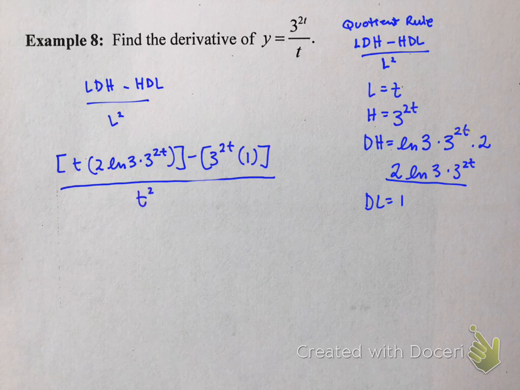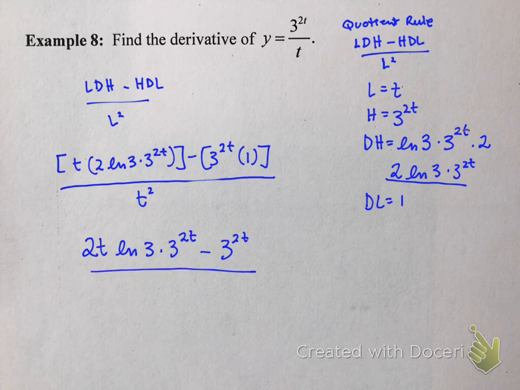Okay, all right, guys. So the only thing I do with this is multiply the t and the 2 together, so we get 2t ln of 3 times 3 raised to the 2t minus 3 to the 2t all over t squared. Okay, and that's it.